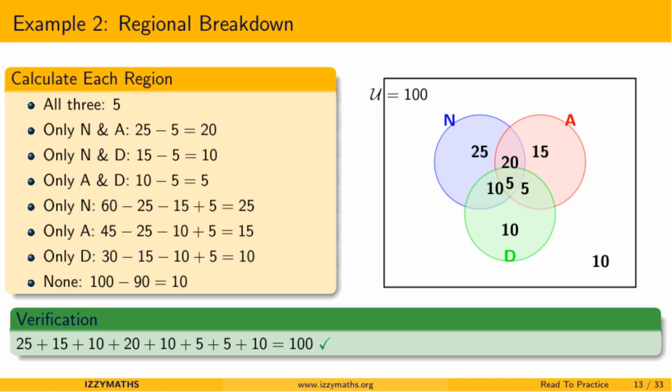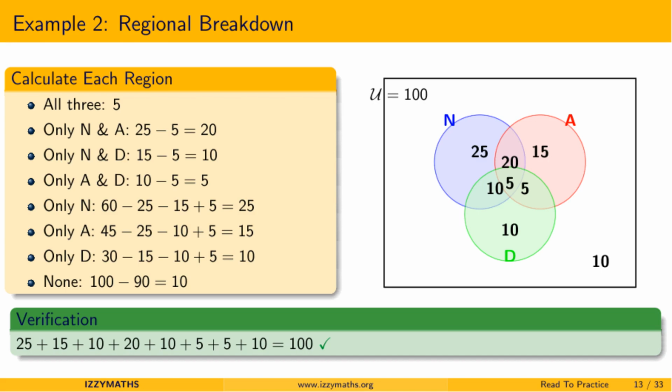For only Netflix, we calculate 60 minus 25 minus 15 plus 5 equals 25 people. For only Amazon, we get 45 minus 25 minus 10 plus 5 equals 15 people. For only Disney, we have 30 minus 15 minus 10 plus 5 equals 10 people.